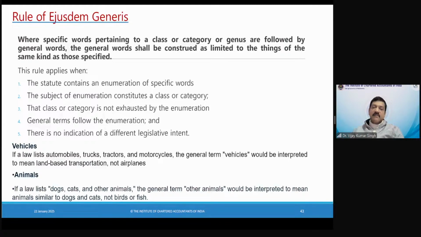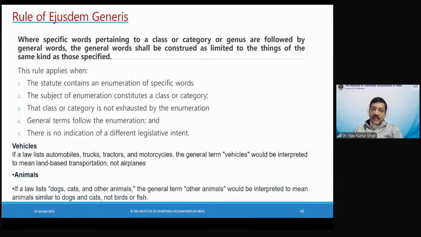Let me give you an example. If a law lists automobiles like trucks, tractors, and motorcycles, then the general term vehicles will be interpreted not to include airplanes. Airplanes cannot be included here, right?